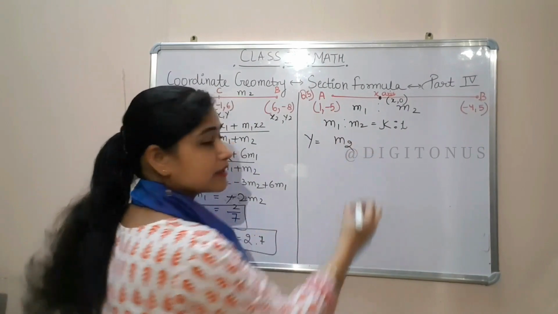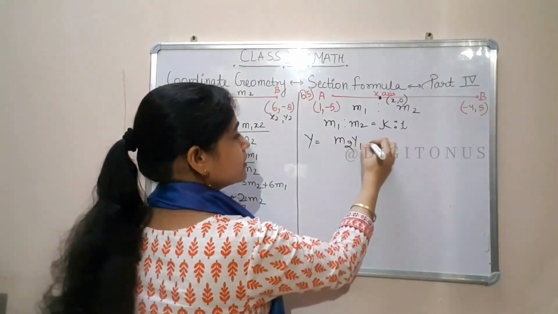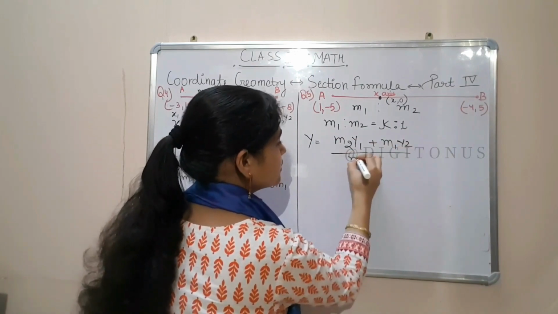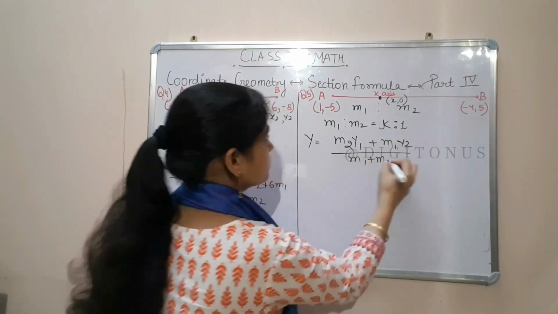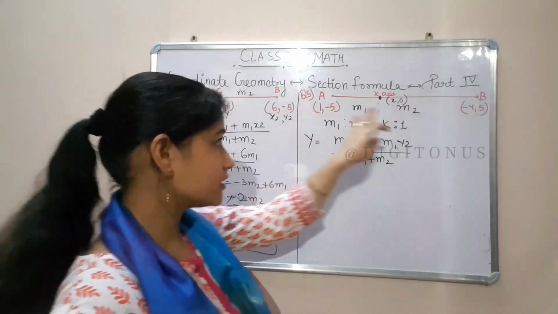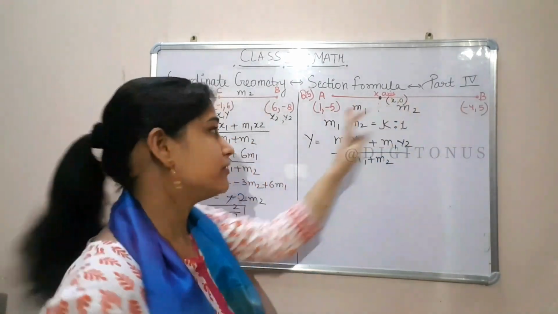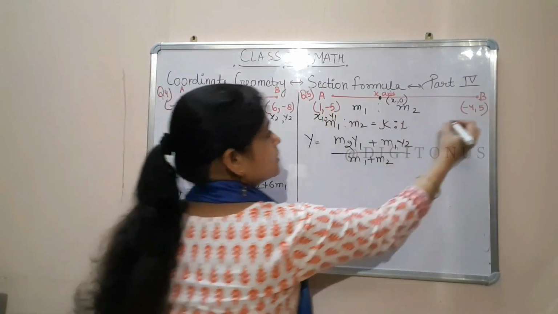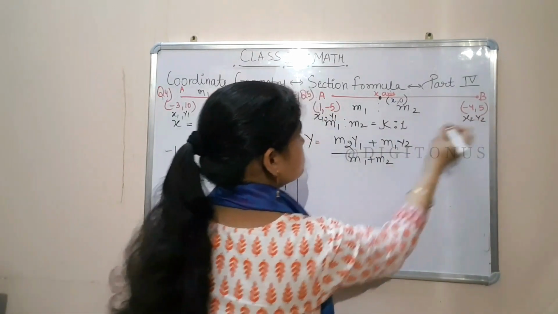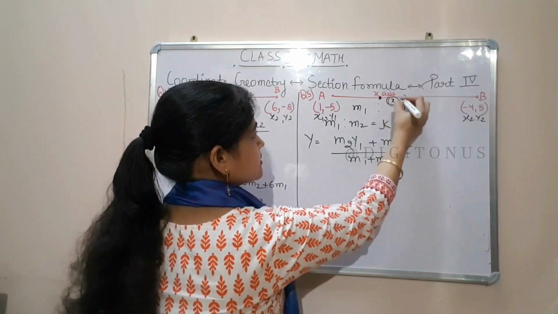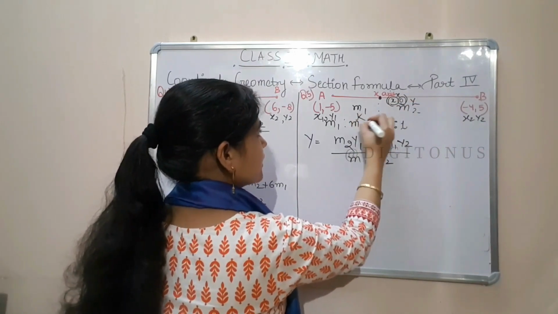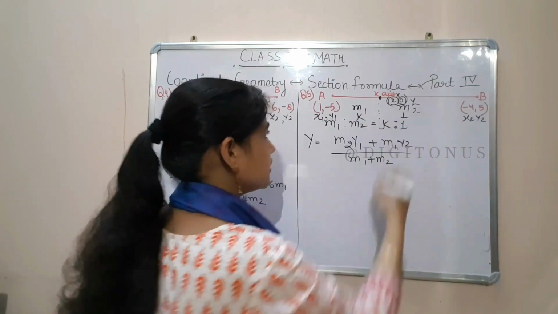First we will write the formula m2 with y1 plus m1 with y2 upon m1 plus m2. Now you write here that which values are there: x1 y1, x2 y2, and this is x, this is y, and m1 value is k and m2 value is 1.